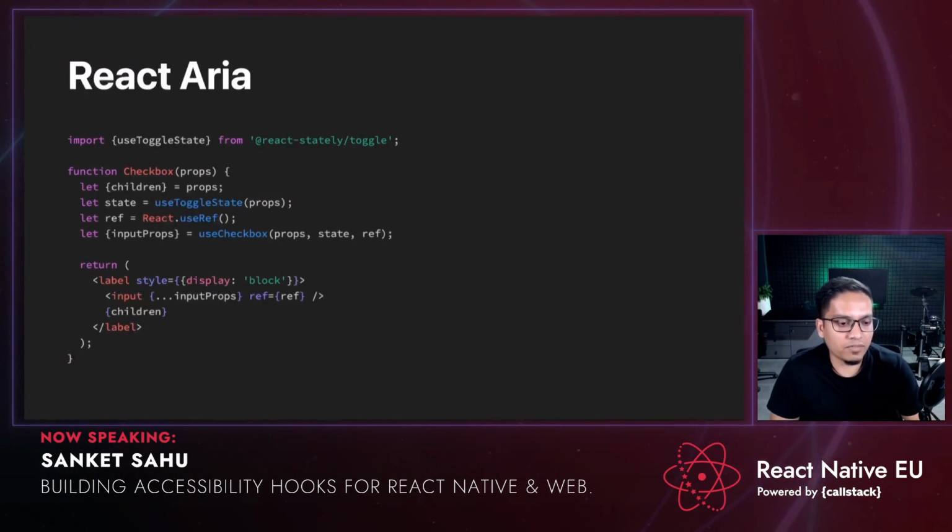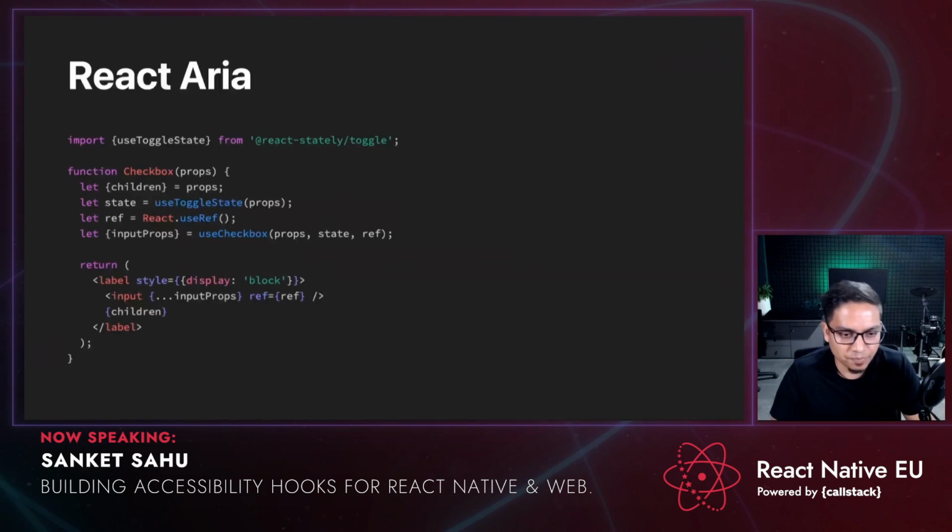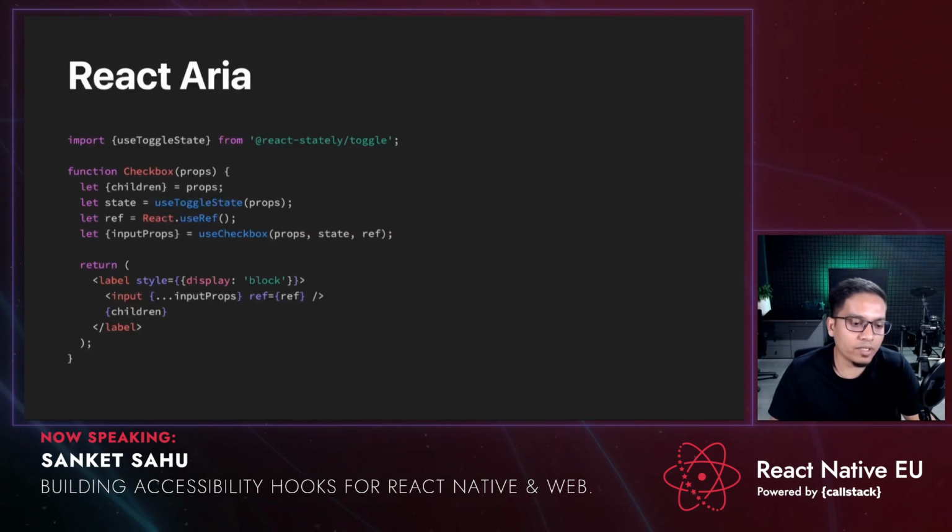And then we can have a label and input and spread that input props that comes from useCheckbox right into the input element. And yeah, this does all the trick of making that particular component accessible with keyboard, with mouse on top of it, and for screen readers and everything.